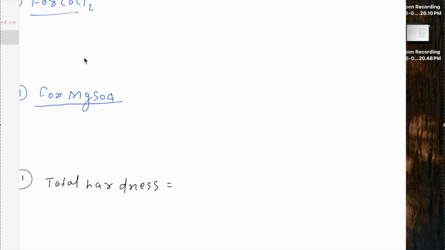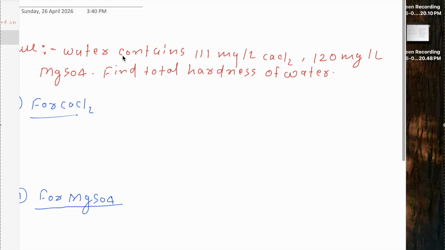What type of question may they ask? The question is: water contains 111 milligram per liter CaCl2 and 120 milligram per liter MgSO4. Find the total hardness of water. So what we will do? We will find the molecular mass of CaCl2. The molecular weight of CaCl2 is 111 gram.